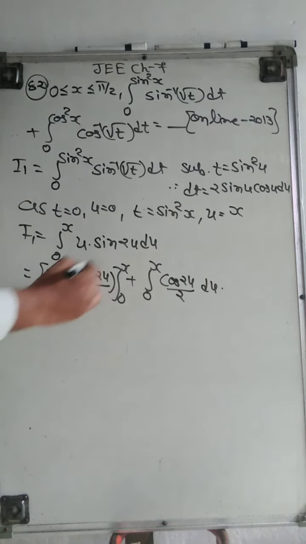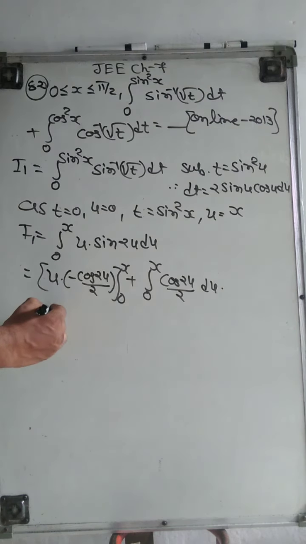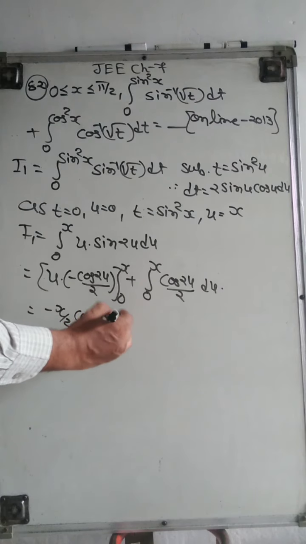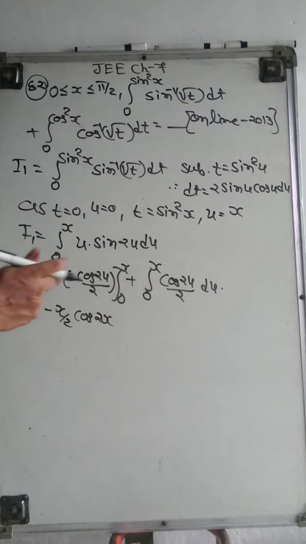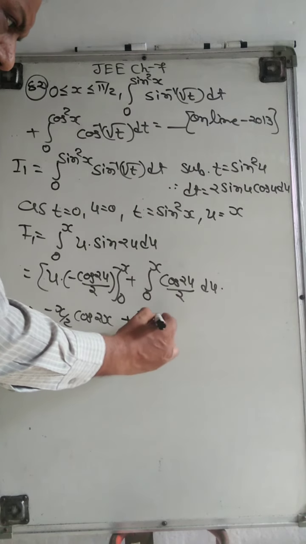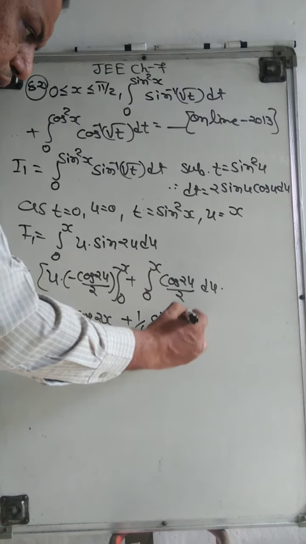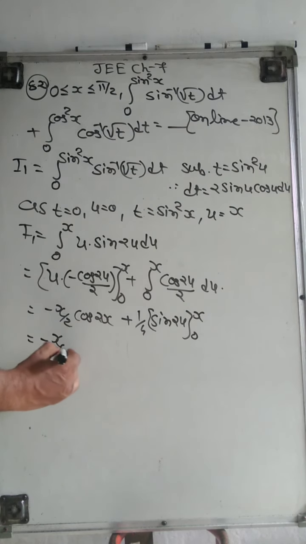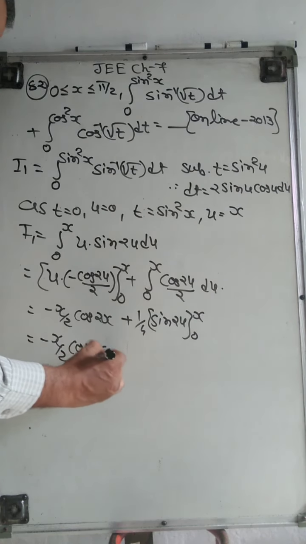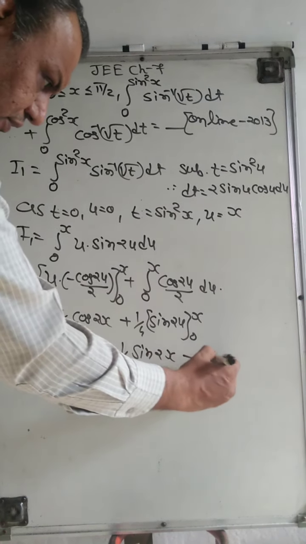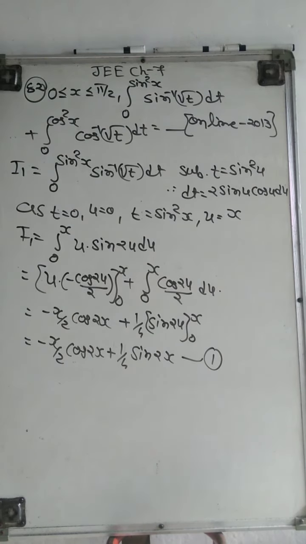Now we simplify, then we get minus x by 2 cos 2x, and at 0 the answer is 0, plus 1 by 4 sin 2u from 0 to x. So our answer is minus x by 2 cos 2x plus 1 by 4 sin 2x. This is our first answer for I1, right?